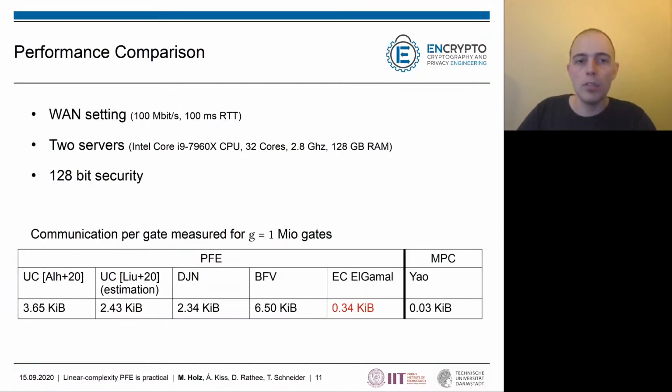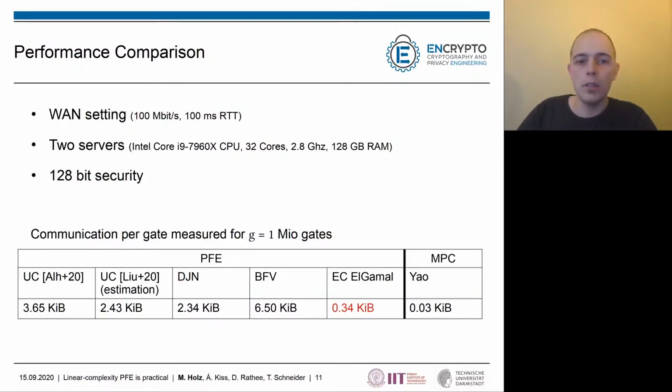So in our performance comparison, we considered a WAN setting and two servers with 128-bit security setting. And for the communication of the protocols, we measured the universal circuit for sizes up to 1 million gates, and also measured our homomorphic encryption-based protocols with 1 million gates.